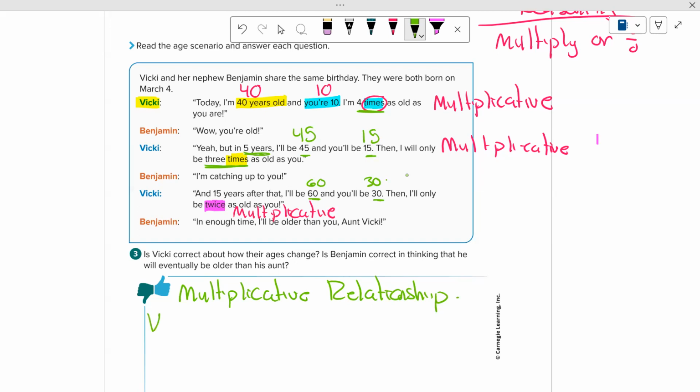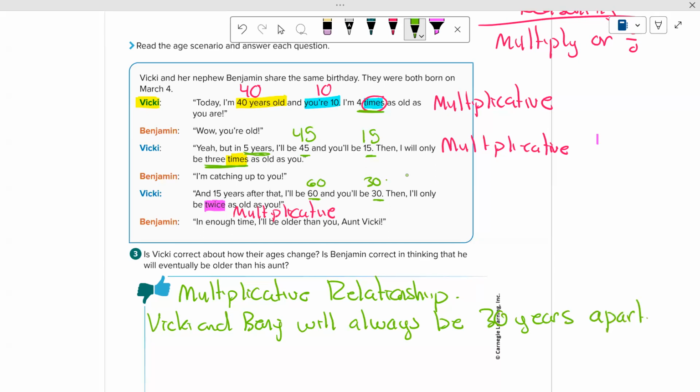However, Vicky and Benjamin will always be 30 years apart. If you notice, their difference in ages will never change.